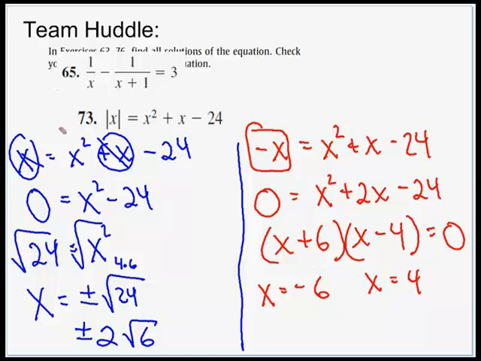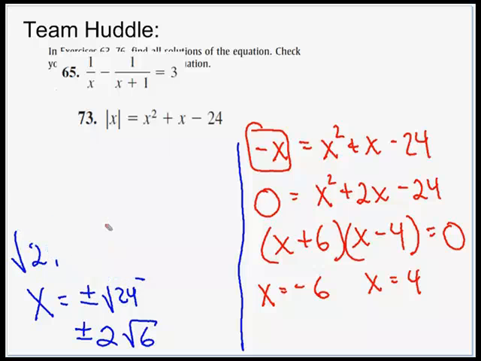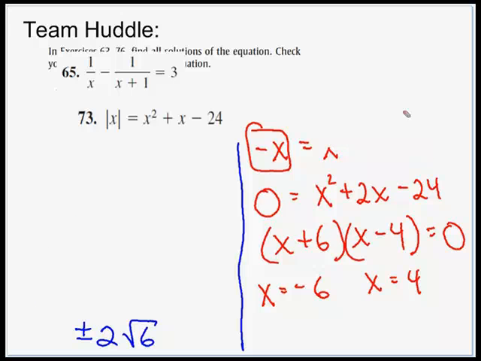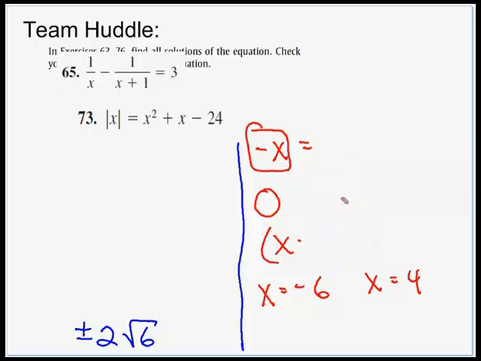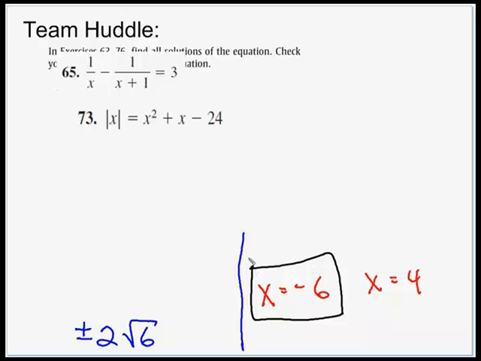And let's give a shot at putting these into the original equation. Let's do the easy ones first. x is negative 6. So here we'll put a negative 6 in for that x.